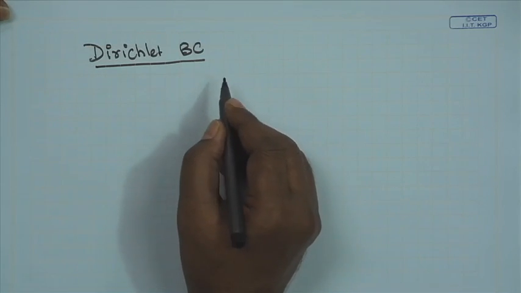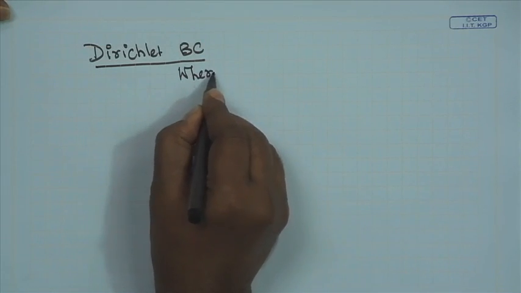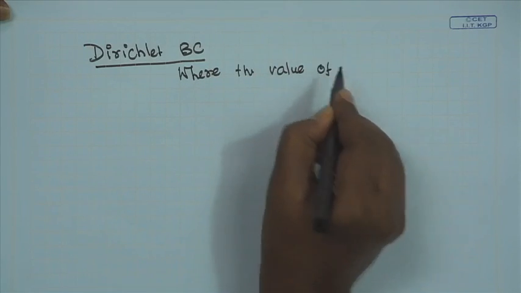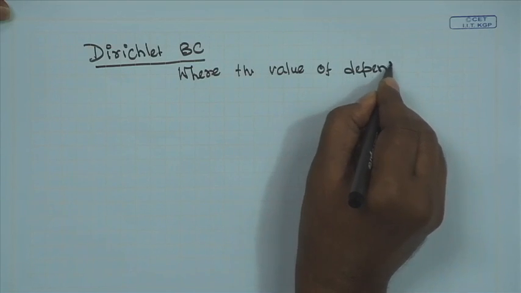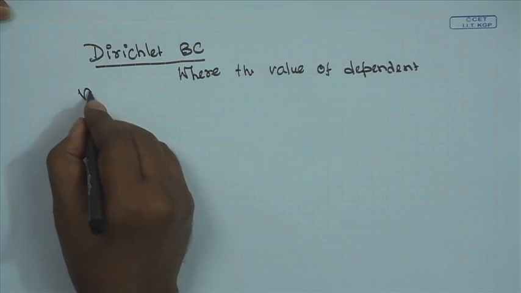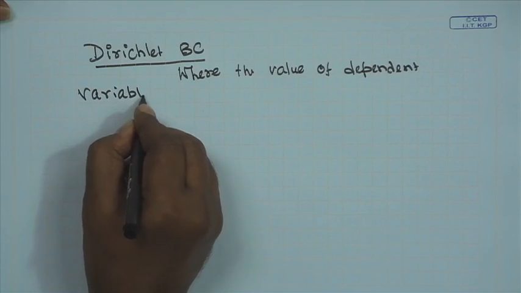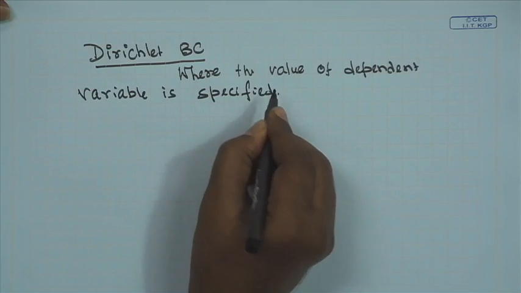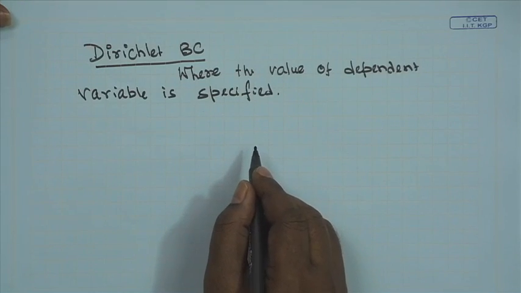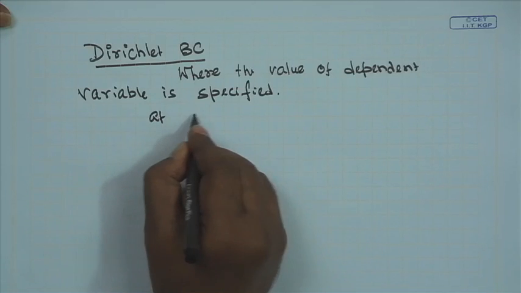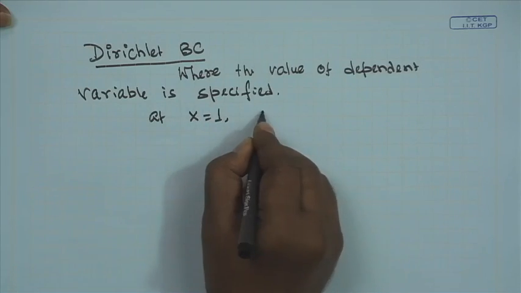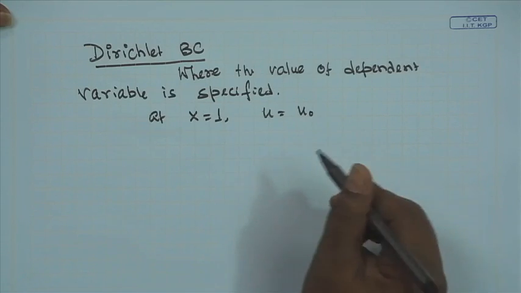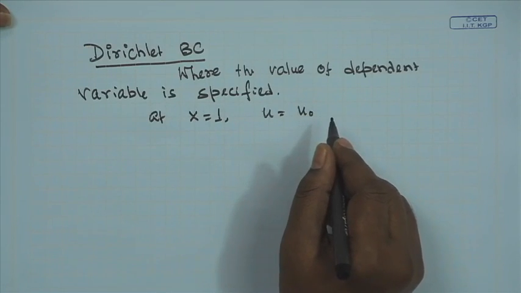Dirichlet boundary condition is that boundary where the value of the dependent variable is specified. For example, at x is equal to 1, u is equal to u naught. So, we specify the value of u as u naught. So, that is an example of Dirichlet boundary condition.